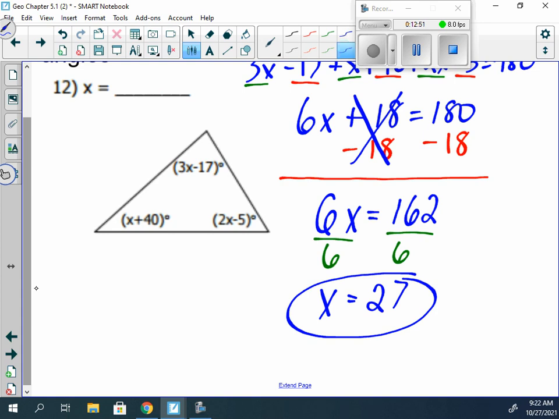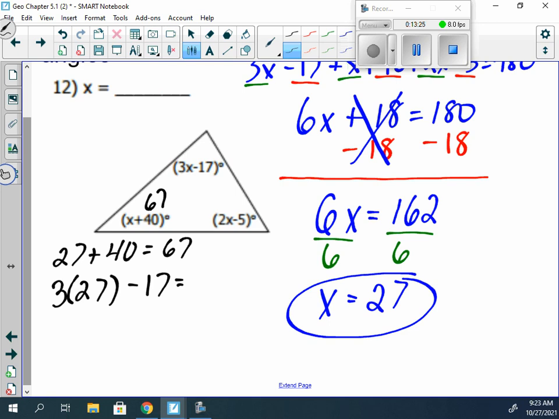And this one asks for each of the angles' values. Okay. So it didn't actually specifically ask for the angles themselves, but we need to know what the angles are to be able to classify it. So what we can do is, well, x plus 40 would be 27 plus 40, which is 67. Okay, this angle is 67 degrees. And exactly, we can do 3 times 27 minus 17. I just typed it in.